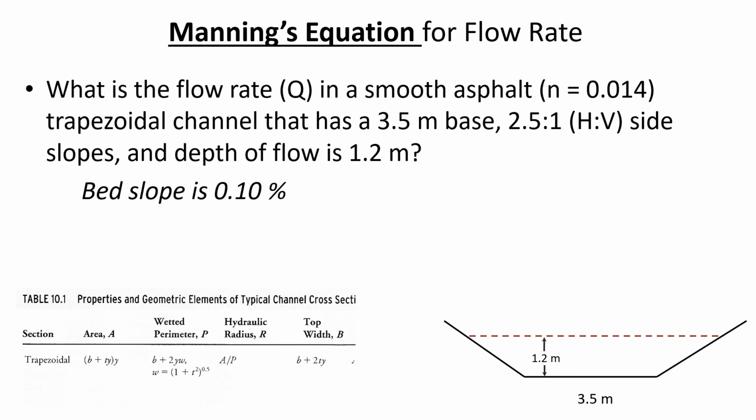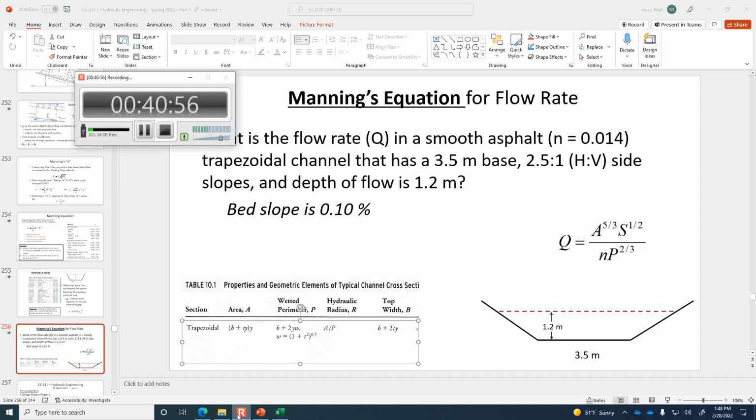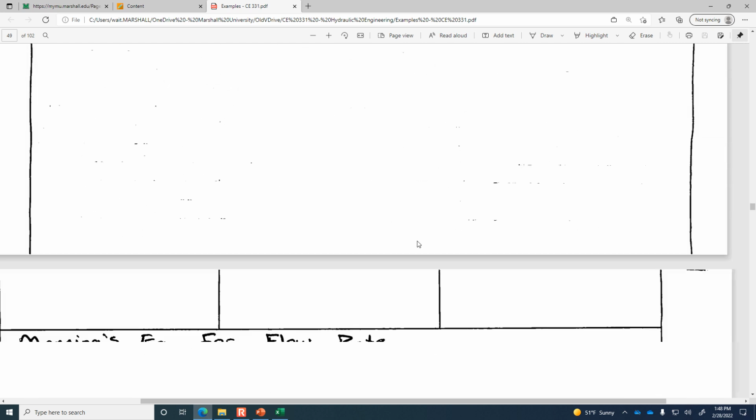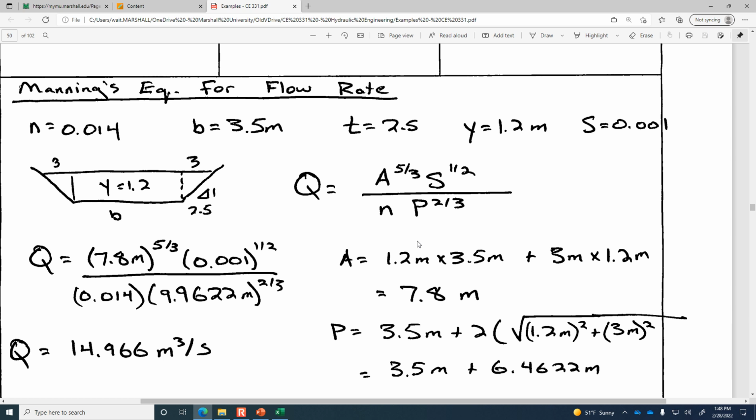I just point that out because my solution didn't actually calculate W. I just said, well, it's a rectangle and 2 triangles which combine together into another rectangle, so we can find the area that way. So let me show you the solution I have for that one. Here you can see I'm saying that the top width is going to be lowercase b, the bottom width, plus the extra length that's on either side.